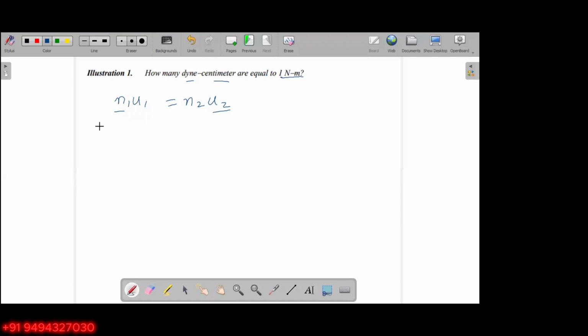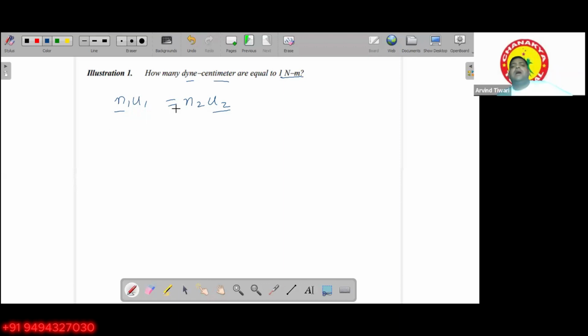Instead of N1, I will write 1, since we have been asked for 1 Newton meter, so 1 multiplied by U1, where U1 is the unit Newton meter, should be equal to N2 times U2, dyne centimeter.